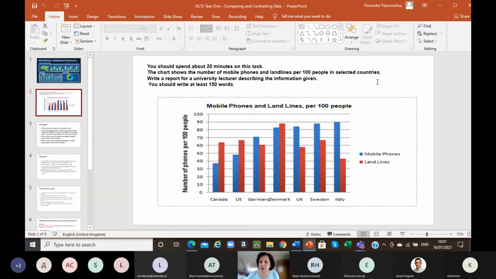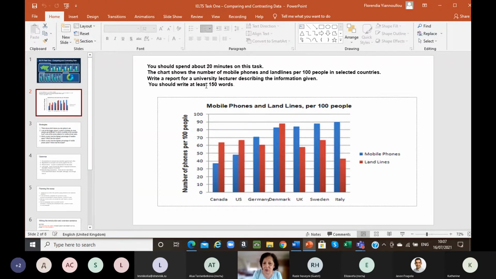The reason they do that is because they'll give you high numbers, low numbers, and some in the middle. So it gives you the chance to compare and contrast the high and low, and then look at the middle group separately.